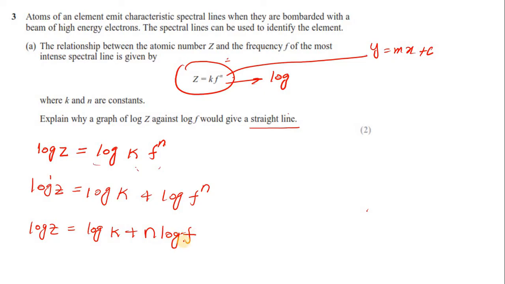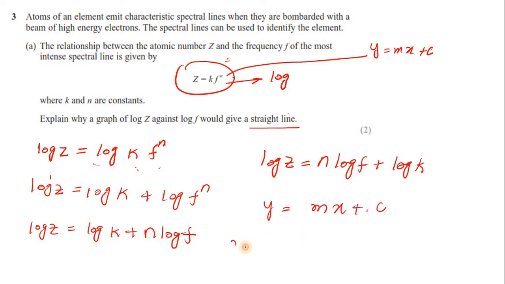And now you can rearrange this equation as log of Z equal n log of f plus log k. So this equation can be compared with y equal mx plus c, where m is the gradient, and this is equal to n, and c is the y-intercept, which is log of k. So that's how this is a straight line with positive gradient n.